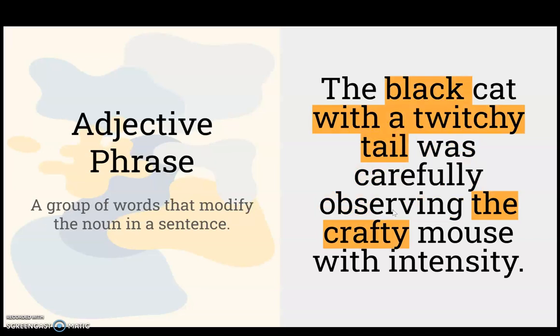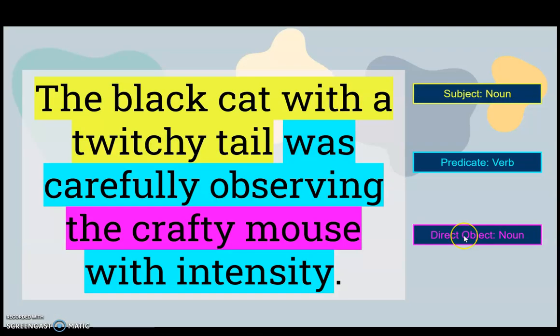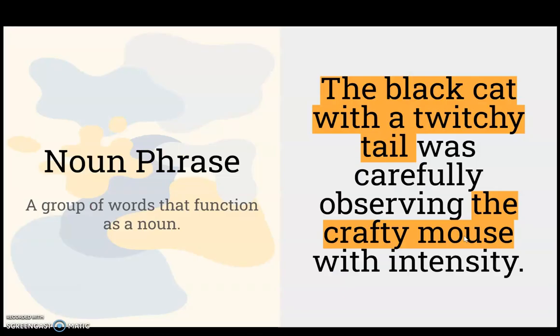Another thing you can look at is the different types of adjectives that are used. Adjective phrases can be just one word, like black is an adjective phrase. With a twitchy tail is a full phrase that also acts as an adjective because it's describing the cat. The crafty is an adjective phrase describing the mouse.